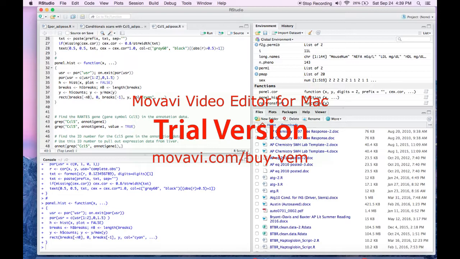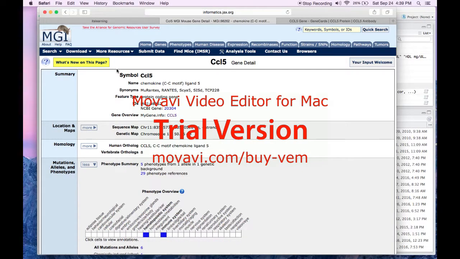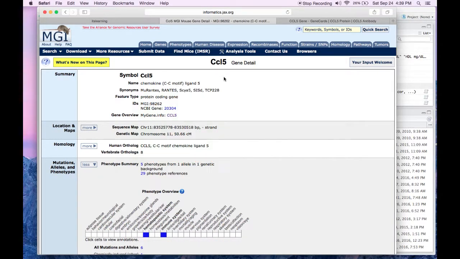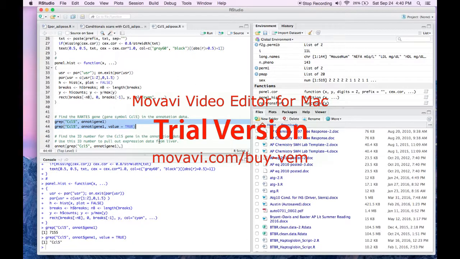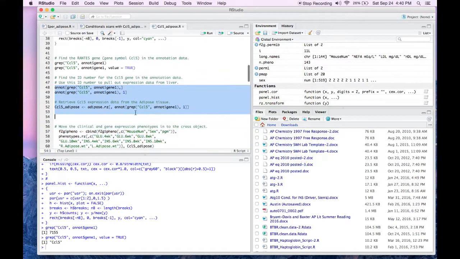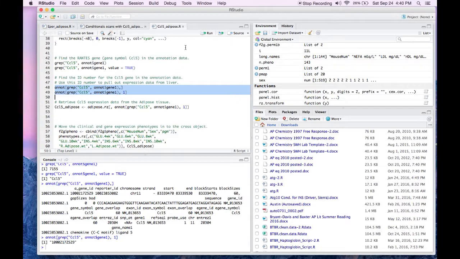To find out what you have to call it in RStudio, which is the software we're working with, we use a mouse gene database, and here you see it's RANTES, but it's called CCL5. So this is what it's called in RStudio. You do have to do that after you figure out a gene, and then figure out the ID number using these two. That's just helping us get it out of the data.